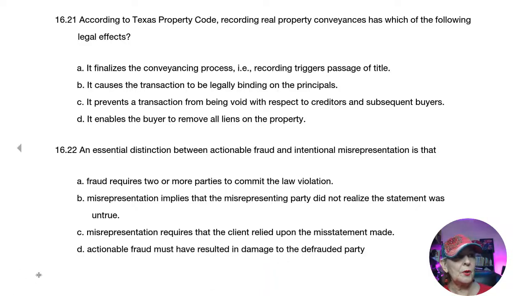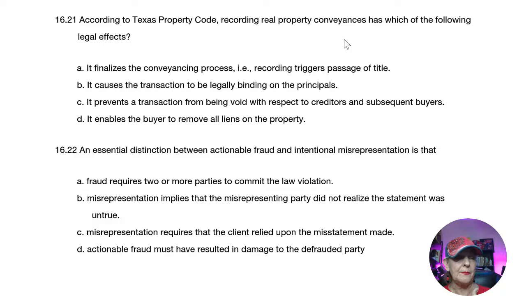Okay, number 21. According to the Texas Property Code, recording real property conveyances has which of the following legal effects? A, recording tells it to a borrower, right?